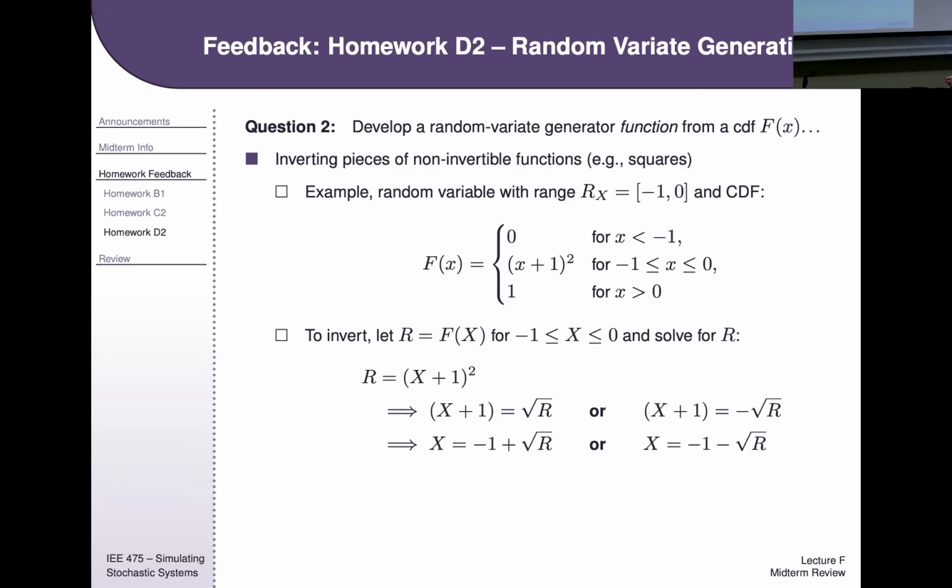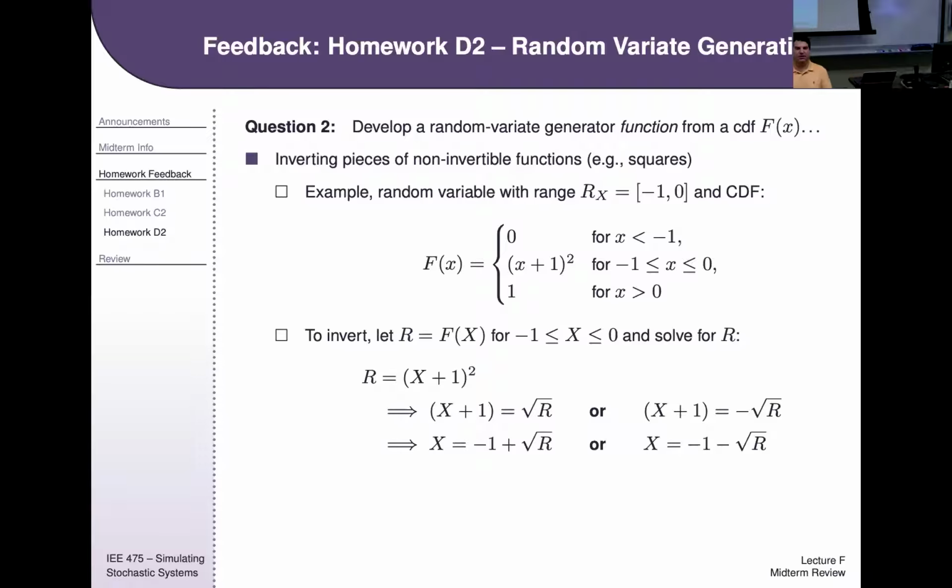All right, so that's all I'm saying here: when you do this inversion, you're going to set R equal to this. You now have some choices. It's either going to be -1 plus the square root of R or -1 minus the square root of R. But when we look at the range, we see that it has no values, it has no support. That's the term we use. When it's out of the range, we say it's not supported.